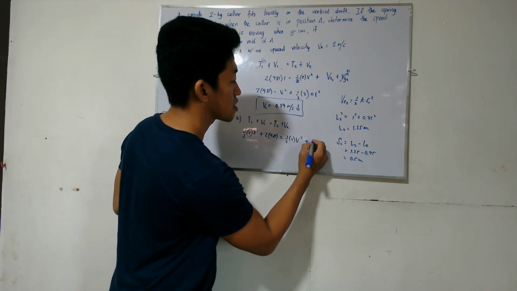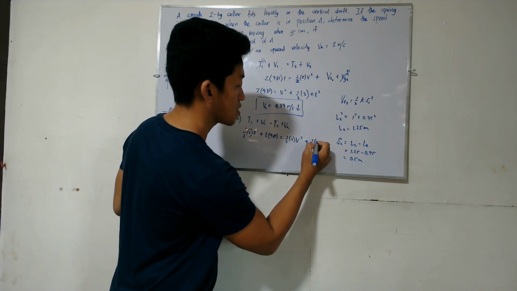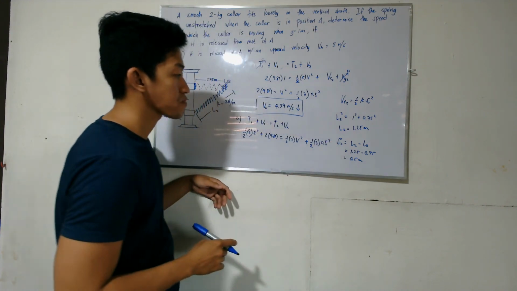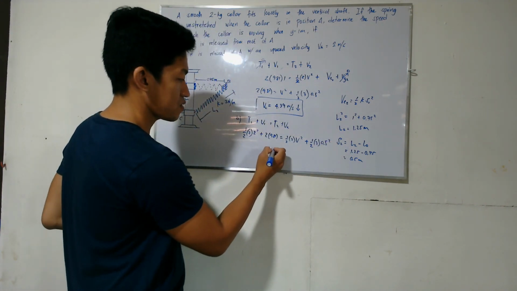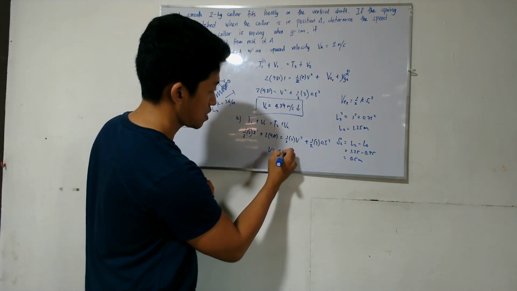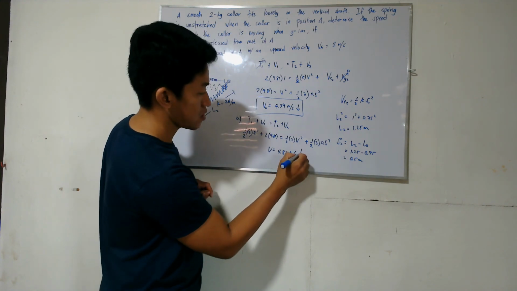is equal to 1/2 times 2 times v squared plus 1/2 k s squared. Therefore, v would be 4.82 meters per second going downward.